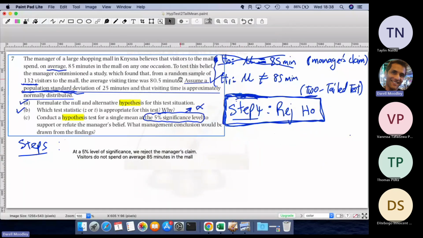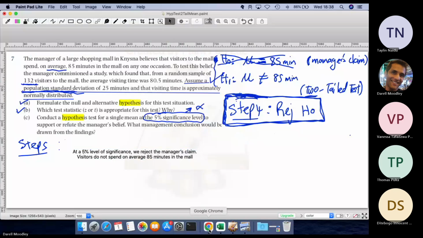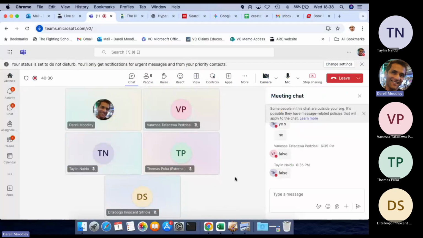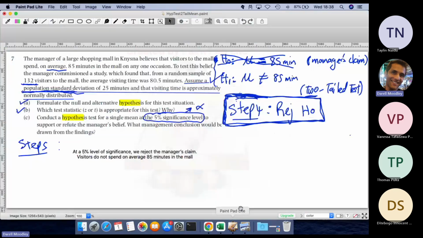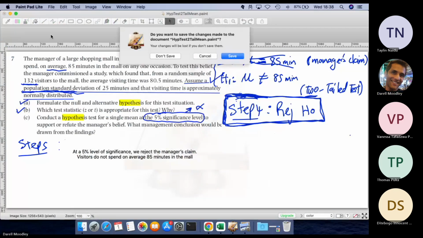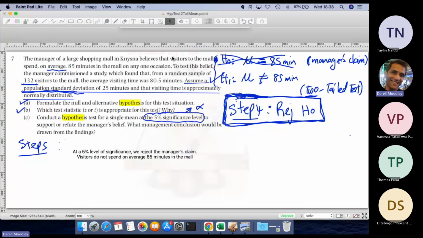Before I close this board, I'm checking there are no questions, because I'm going to close it now. No questions. All good, so I'm going to close this whiteboard and refer to a different one now.